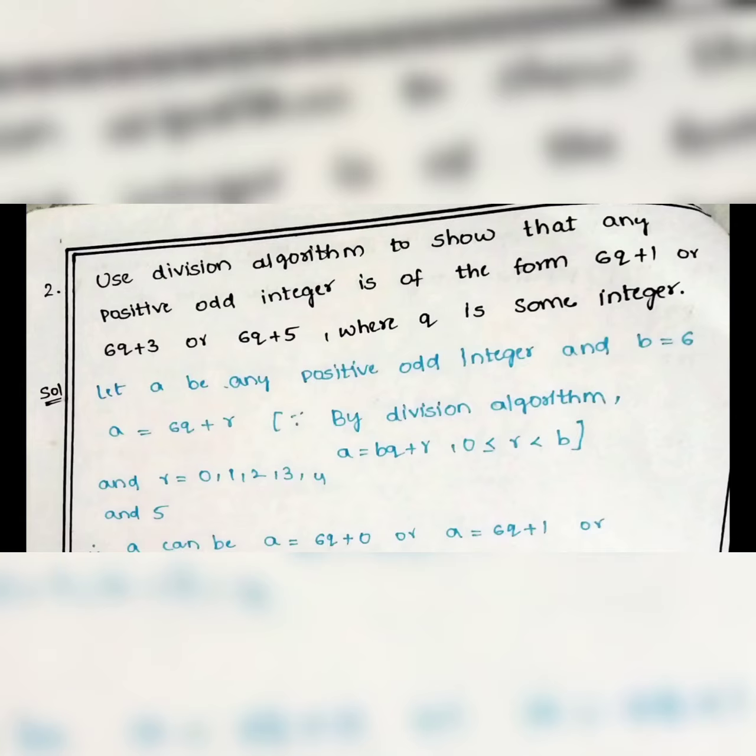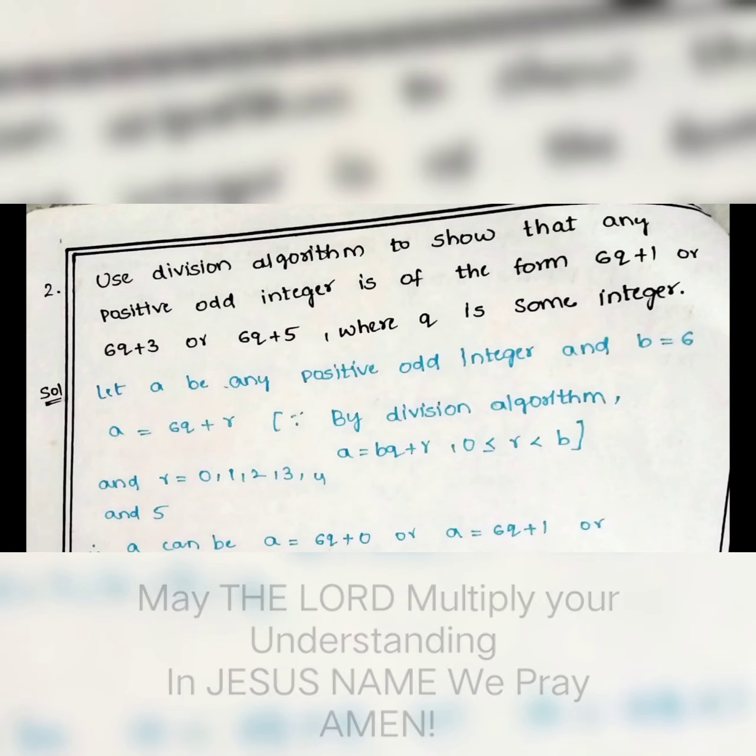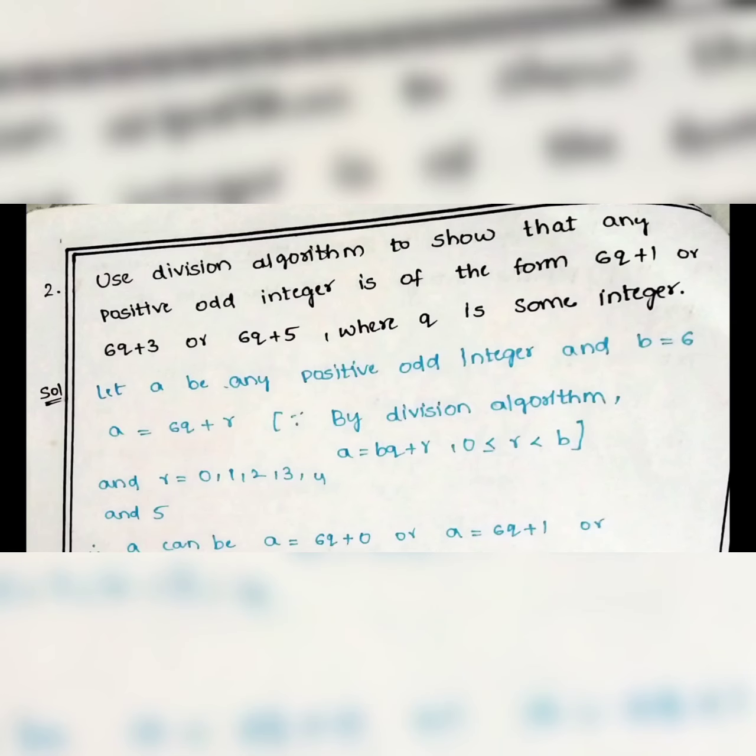The second question is: use division algorithm to show that any positive odd integer is of the form 6q plus 1 or 6q plus 3 or 6q plus 5, where q is some integer. So they are asking to find that odd integer of the form 6q plus 1, 6q plus 3, 6q plus 5, where q is some integer.